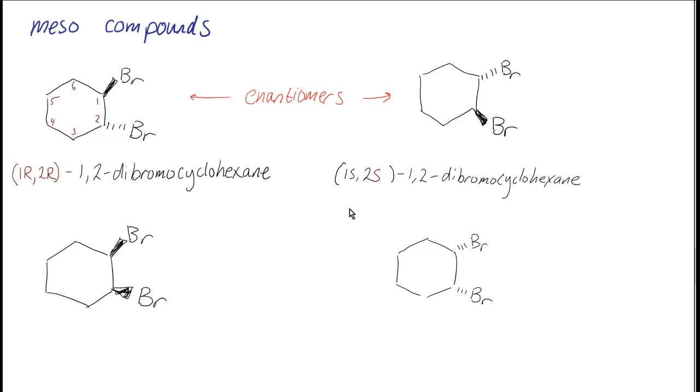Okay, so we made these diastereomers. What do you think is the relationship between the one on the left and the one on the right? Are they enantiomers? What do you think? They look like opposites. So these are actually not enantiomers.